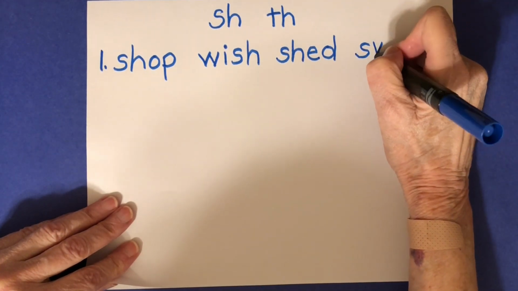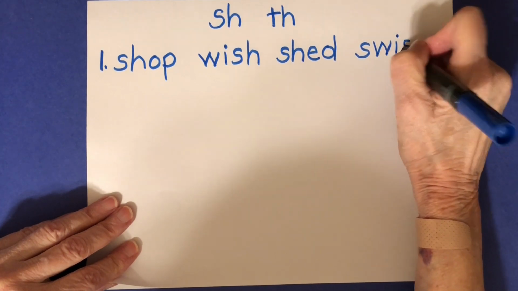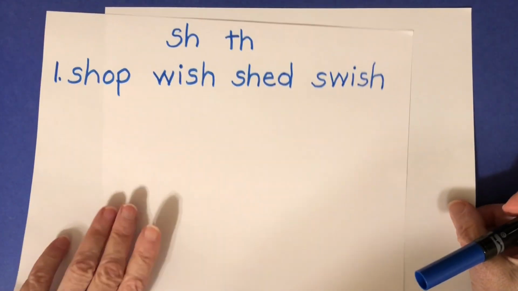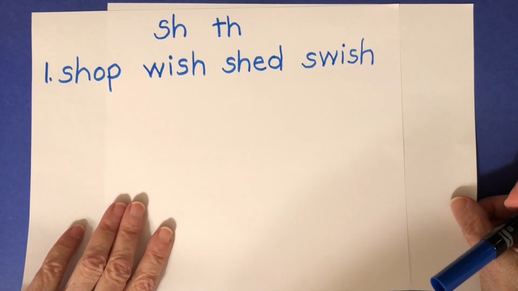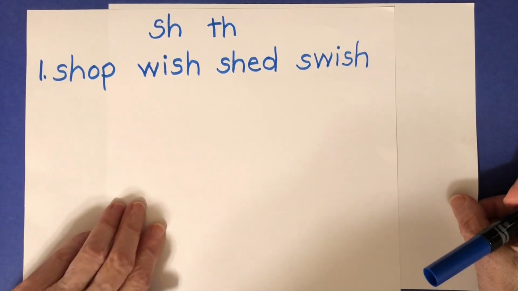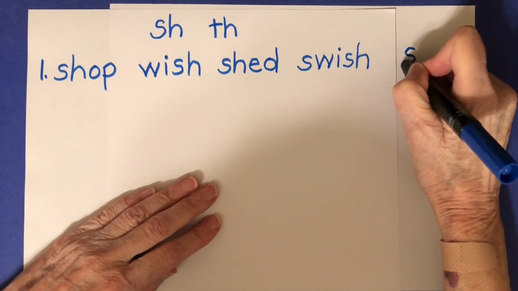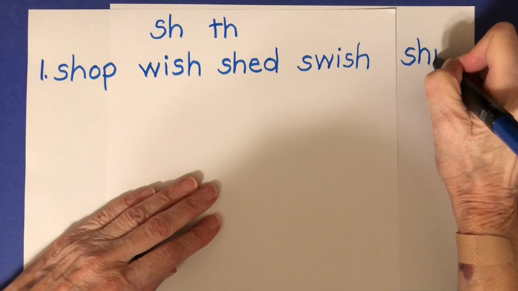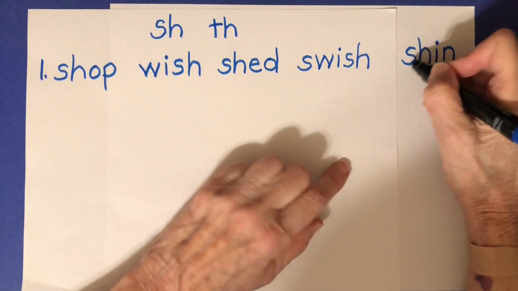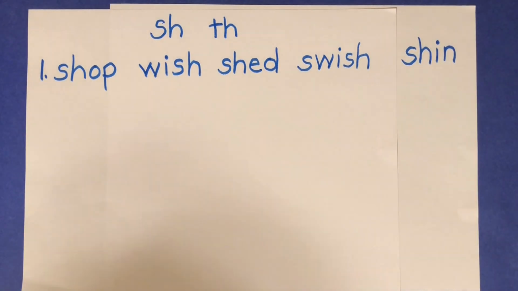S. W. I. Swish. Swish. I'm going to need a little bit more room here, aren't I? Sh. I. Shin. Shin. Let's do that one again. Sh. I. Shin. Shin. Good.